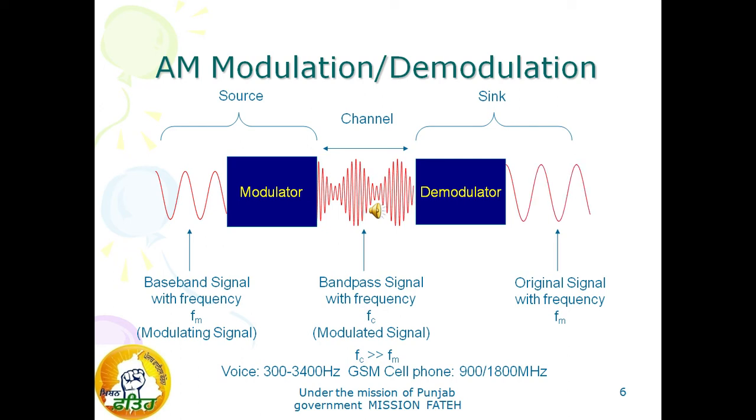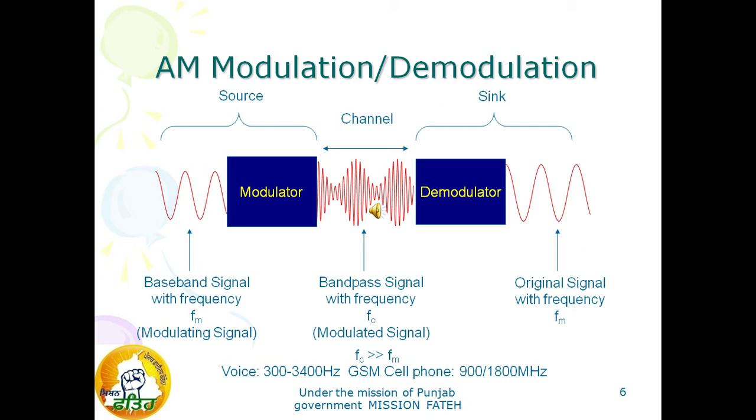The block diagram of amplitude modulation and demodulation is shown in the figure. This block diagram shows how to modulate the low frequency signal or information signal with the carrier signal or high frequency signal. The frequency range of the modulating signal is 3 to 3.4 kilohertz.